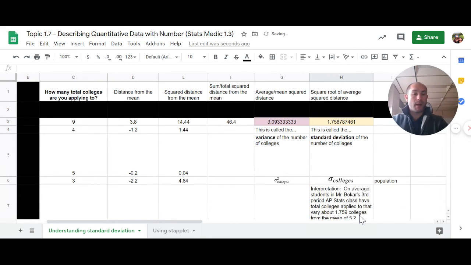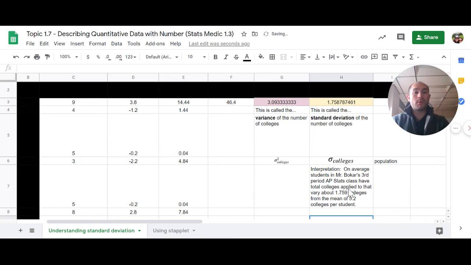That's what that means, and on average, it varies about that much. So a typical student in my class has about 1.8 colleges above or below 5.2 colleges per student.